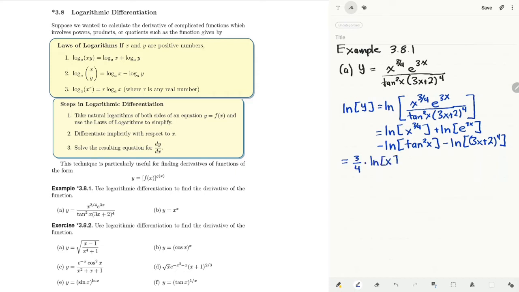And similarly, we have plus 3x times the ln of e, minus, there's an exponent of 2 on tangent, so this is 2 times the natural log of tan x. And we have an exponent of 4 on the last term, so we have minus 4 times the logarithm of 3x plus 2.